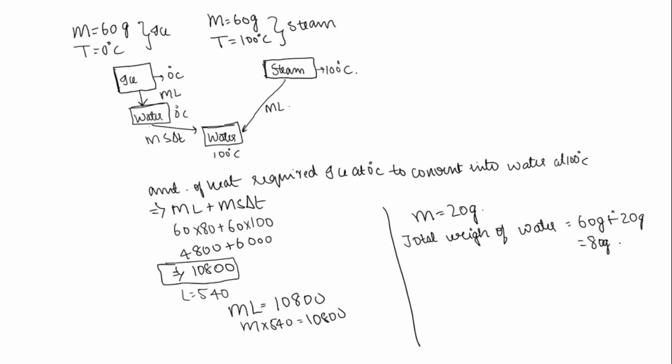Total mass is 60 plus 60, that is 120, and there is 80 grams of water. So mass of steam is equal to 120 minus 80, which is equal to 40 grams. So there is 80 grams of water and 40 grams of steam.